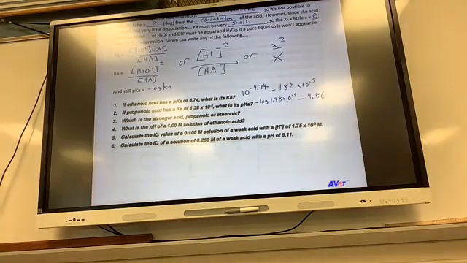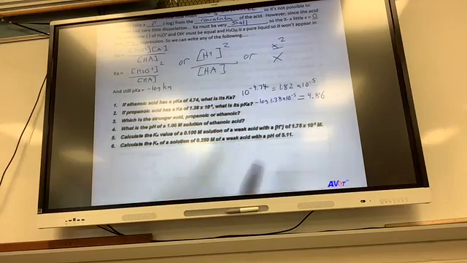Does that make sense? That's acidic, but getting closer to neutral, 7. You wouldn't have like a 1 or a 2 here. These are weaker acids, so it should be a little bit higher when it comes to pH.